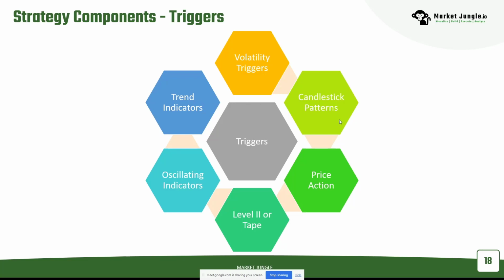When we shift and start talking about triggers, triggers are going to be on a lower time frame. There are various types of triggers for volatility, for candlestick patterns, for price action. You can have triggers for level 2 and the tape. And then you can have triggers based on these price action items, or you can have triggers based off indicators as well. So indicators can be used for filters or triggers.